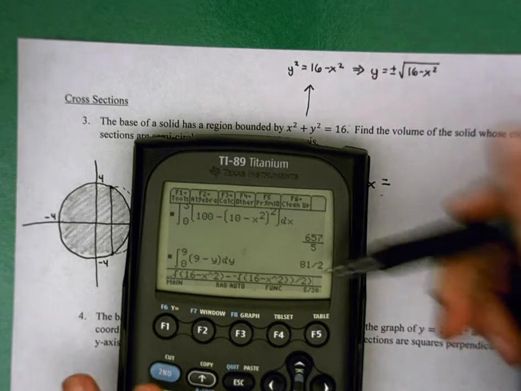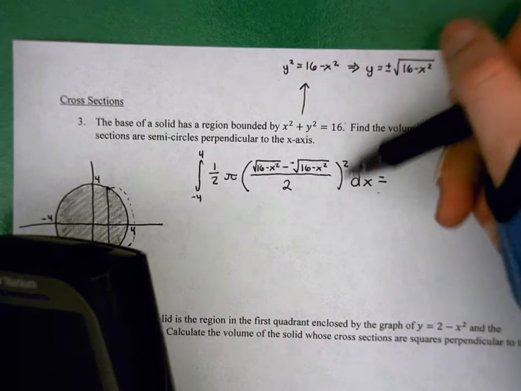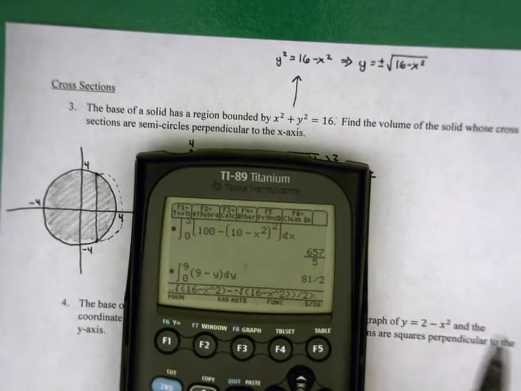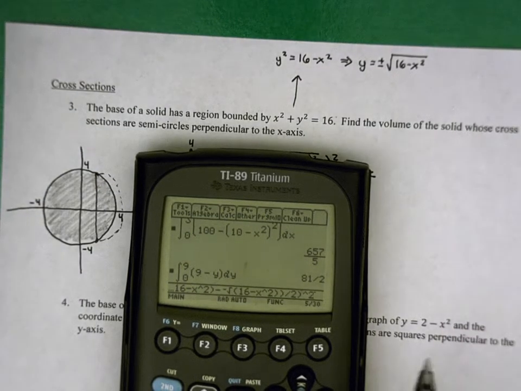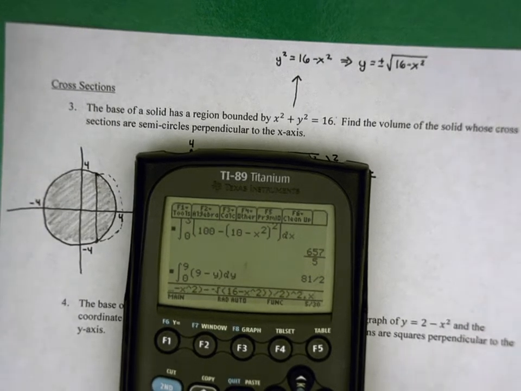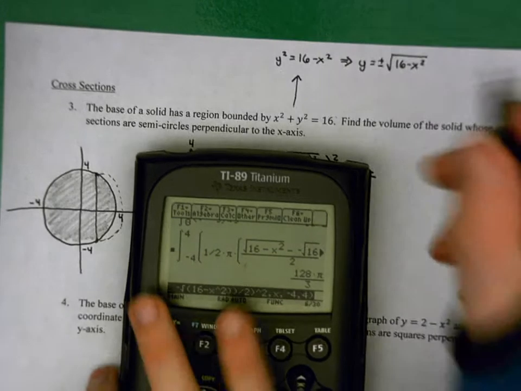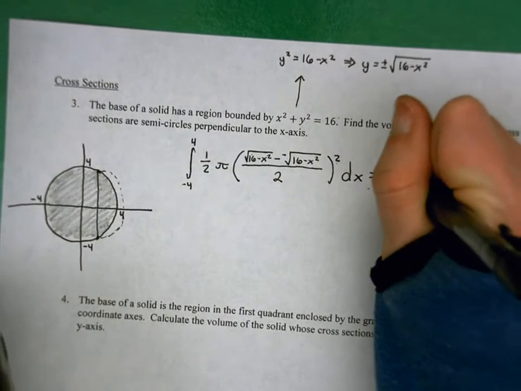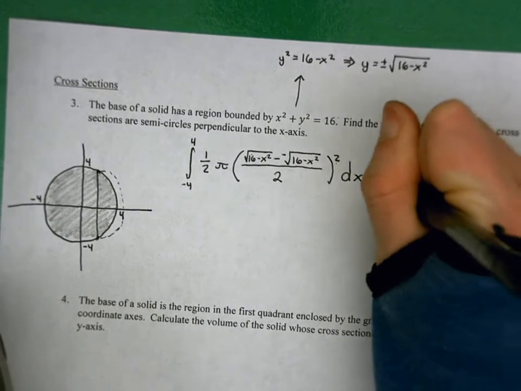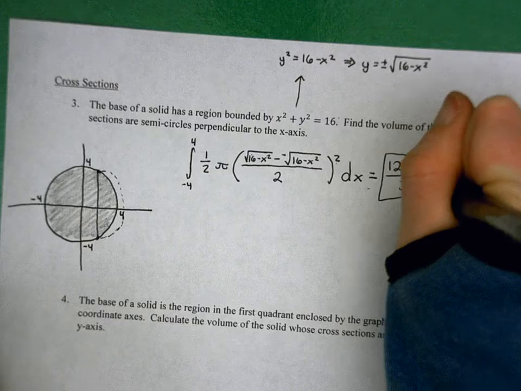That end parenthesis closes off my radius, and I'm going to square my radius. Then comma x for dx, comma -4, which is my lower bound, comma 4, which is my upper bound. And I should get 128 pi over 3. Okay.